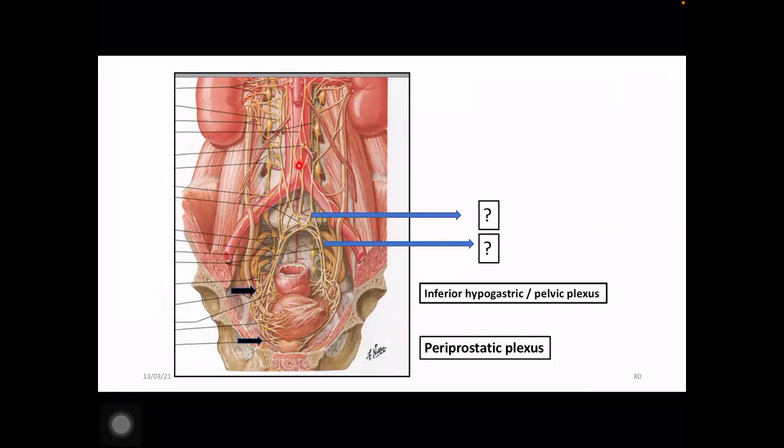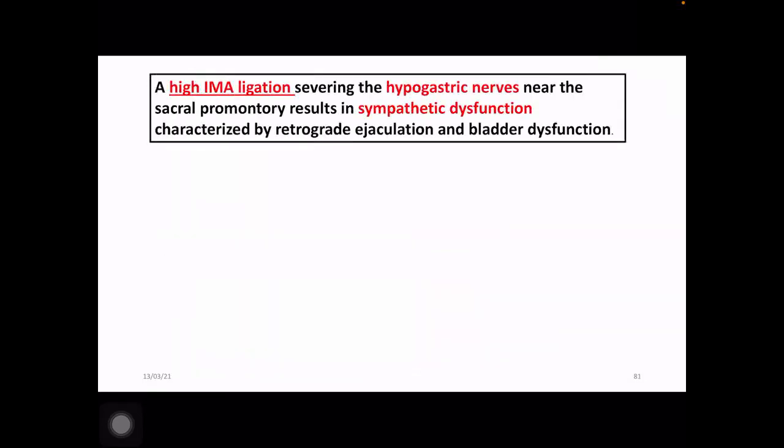When you ligate the IMA close to its origin from the aorta, you can damage the sympathetic nerve fibers, the pre-aortic plexus. These sympathetic nerves are important for transfer of semen from the seminal vesicles to the prostatic urethra.